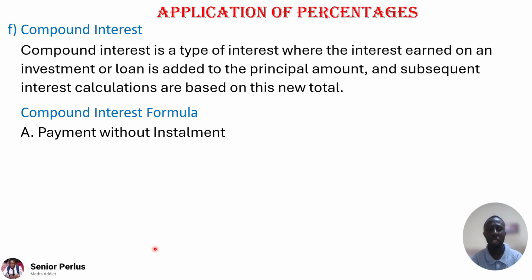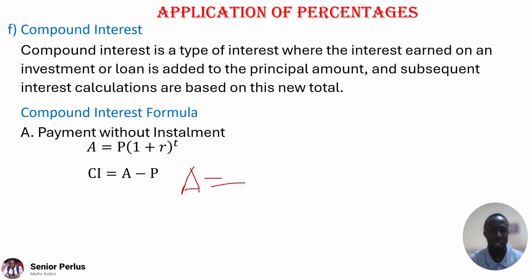A, payment without installment. In a question where there's no installment, you use this formula. Amount is principal, bracket open, 1 plus r, bracket close, to the power t. So this is the amount formula. Having the amount, we find the compound interest, which is amount minus the principal. This idea is from amount is principal plus interest.